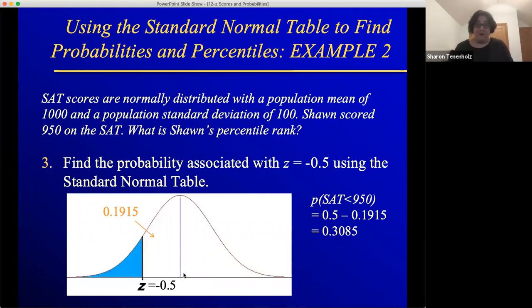It's half the curve. And if we subtract off the piece in here, which is not what we want, but it is what we looked up, 0.5 minus 0.1915 gives us 0.3085. So the area below the z of negative 0.5 is 0.3085.